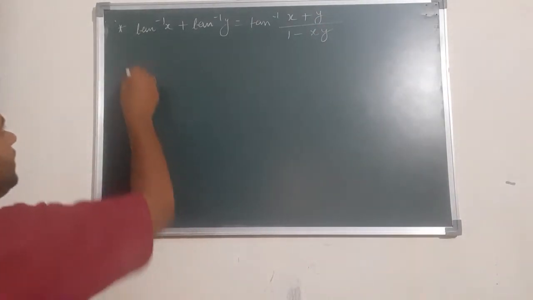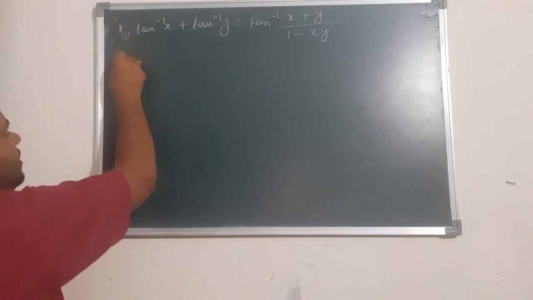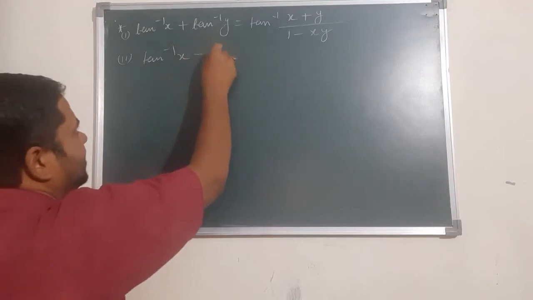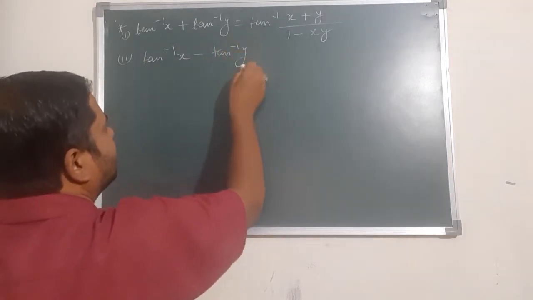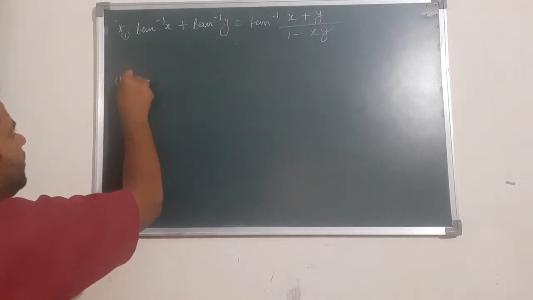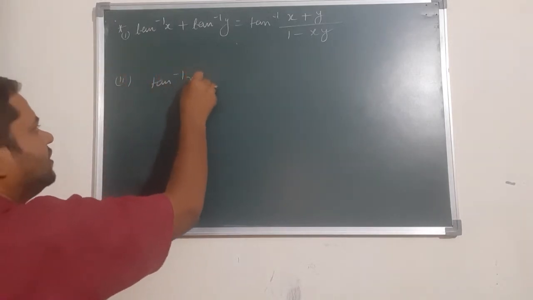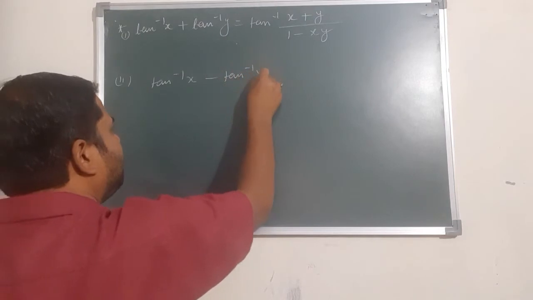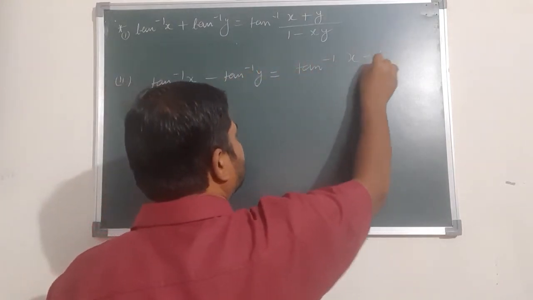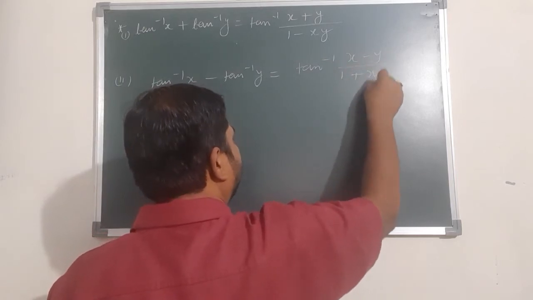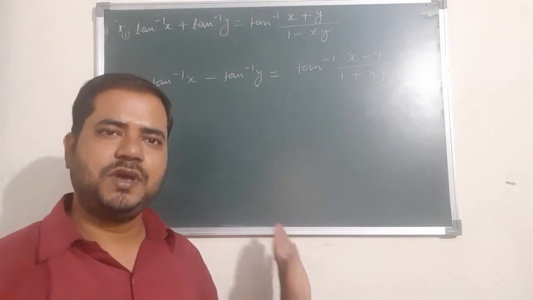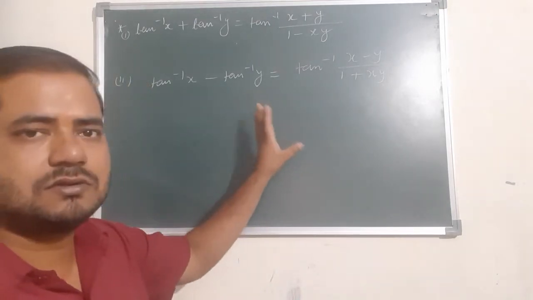Similarly, the second one: tan inverse of x minus tan inverse of y is tan inverse of x minus y upon 1 plus xy. Okay, so first we have to show the first one here, and the second one you have to show yourself.